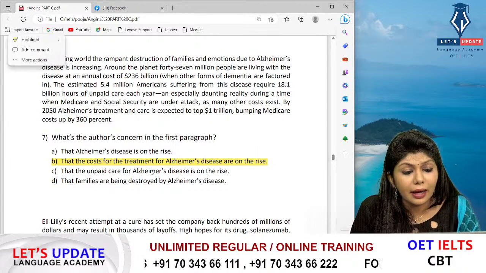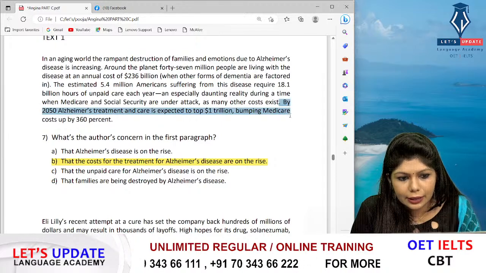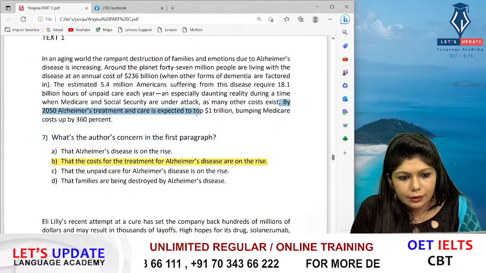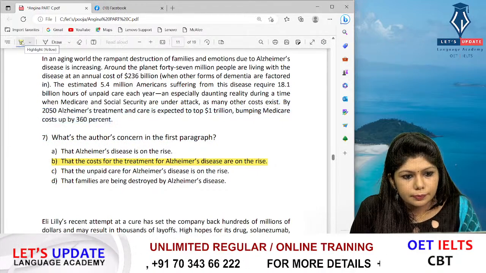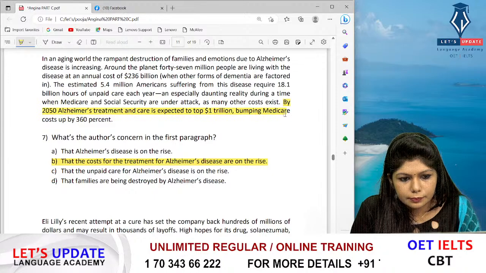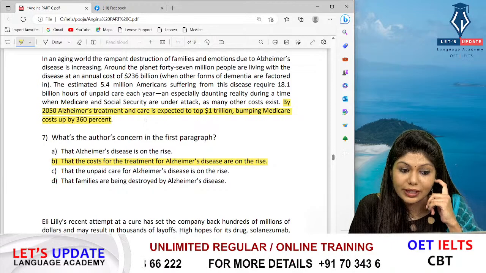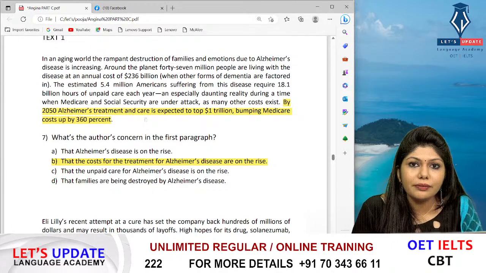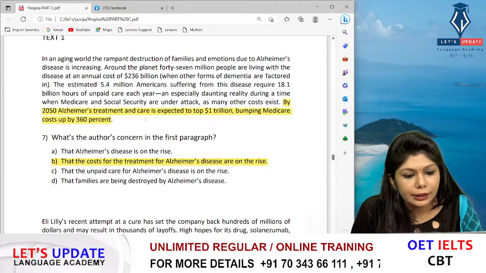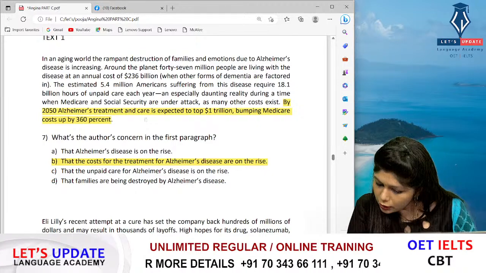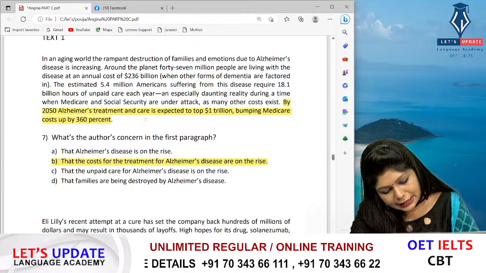And regarding the other options, I'll tell you why we cannot take the other options for an answer. This is the sentence, and the reason why we have chosen B, and I'll tell you why we cannot choose A. Option A is that Alzheimer's disease is on the rise.